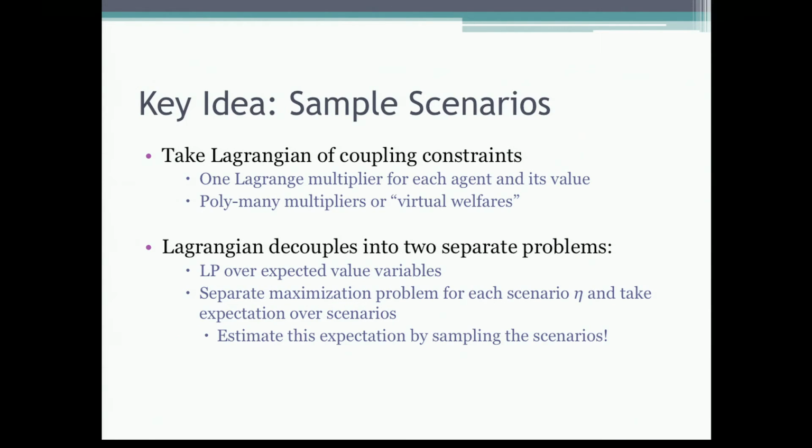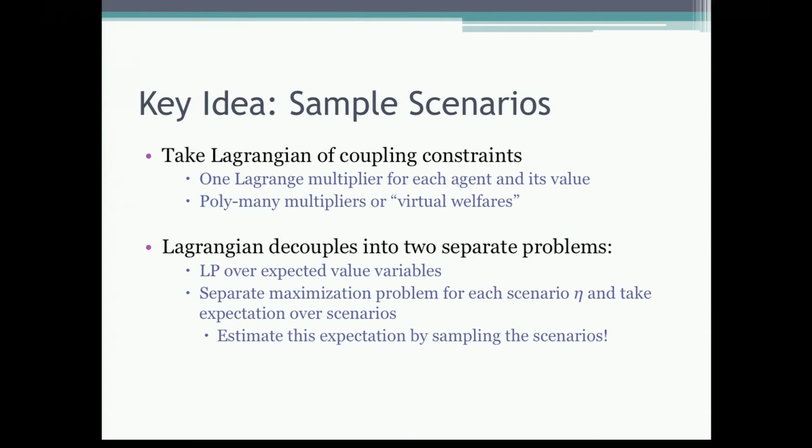So the Lagrangian objective will be some expected revenue plus something that depends on the expected allocations, plus the expectation over all scenarios of something that depends on that scenario. Now you have an expectation over exponentially many scenarios. What do you do? You just estimate it by sampling. Just sample a few scenarios, compute what would be the optimum there. And that's it.